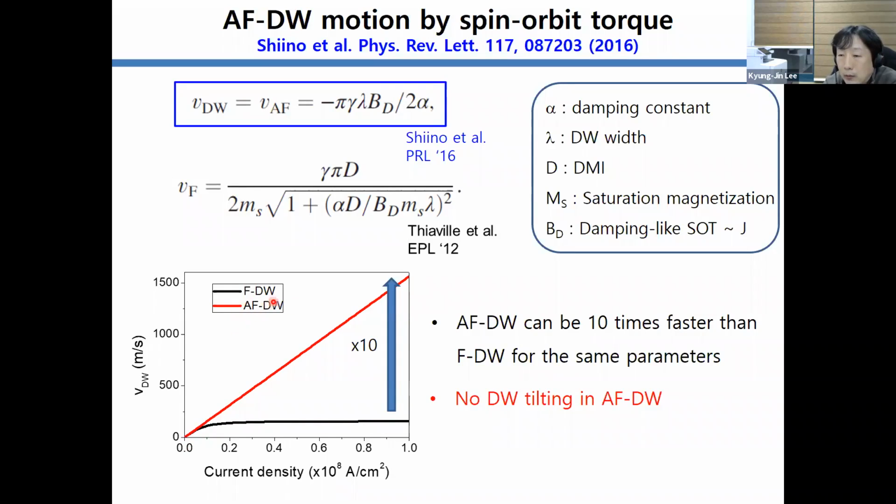But in the case of the antiferromagnetic domain wall, as you can easily see from this simple equation, the velocity is simply linear with current. It means that at some point of the current, the antiferromagnetic domain wall speed is much higher than that of the ferromagnetic domain wall. The reason is that there is no domain wall tilting in the antiferromagnetic domain wall motion, as I will explain shortly.